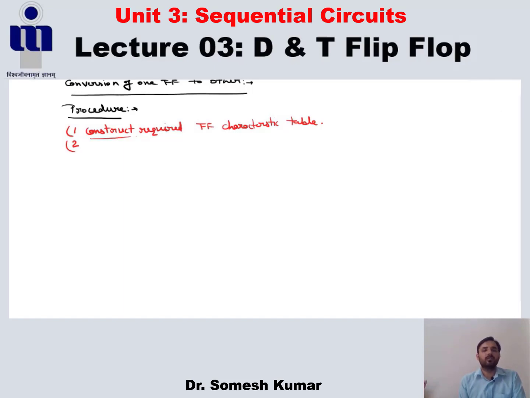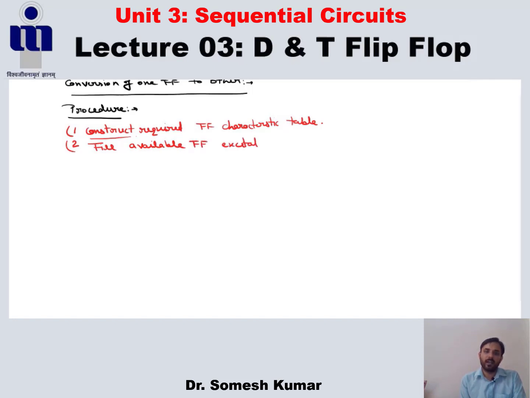Fine. Suppose we want to convert JK to SR. So first we require the characteristic table of our SR flip-flop, and then in the next step we have to fill the available flip-flop excitation table.